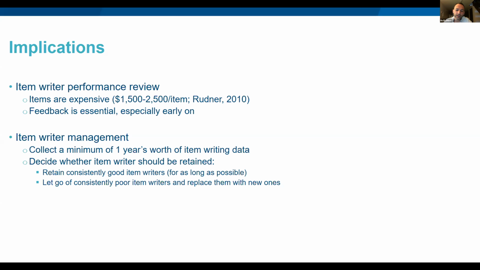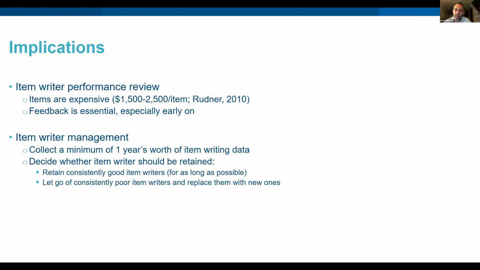On the other hand, we recommend to simply let go consistently poor item writers. This study, which is pretty well rounded, I would argue, suggests that item writers do not improve with more years of experience.